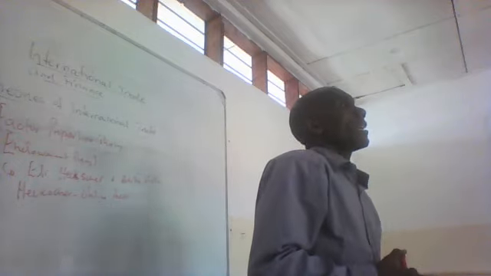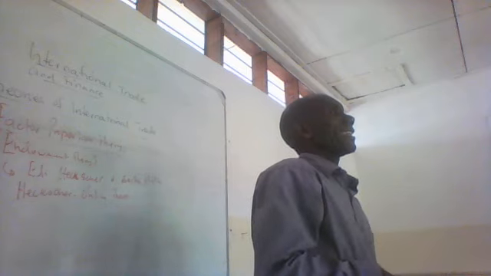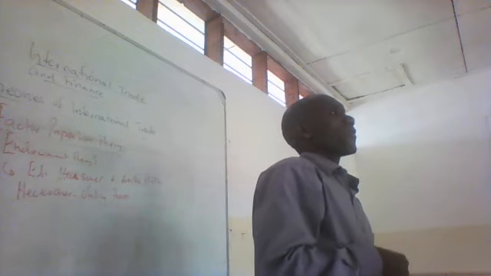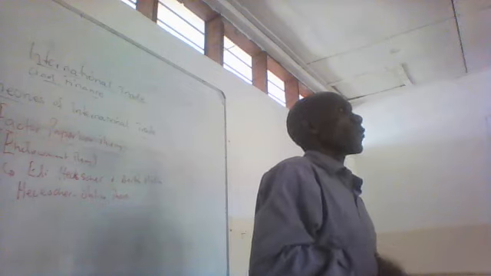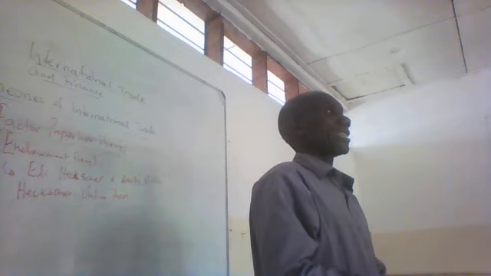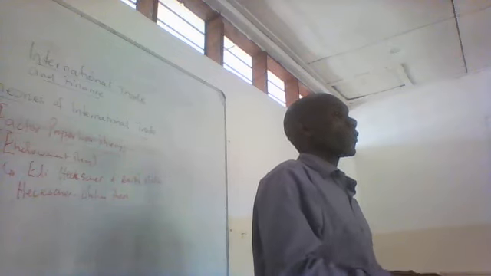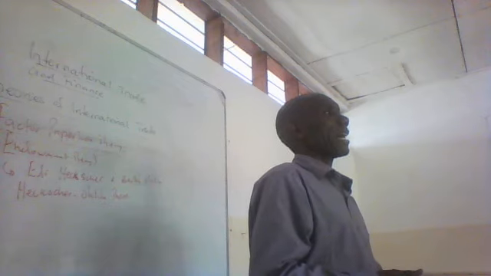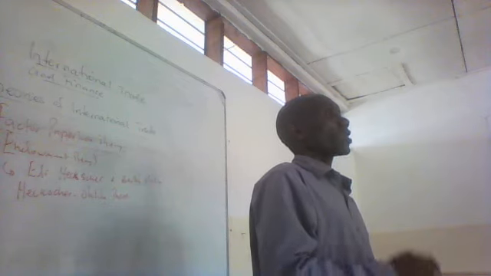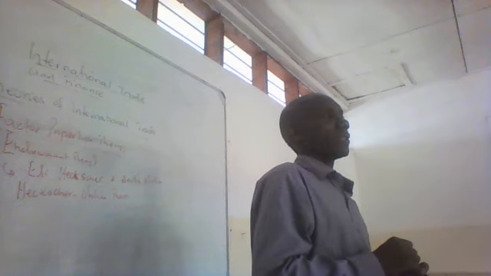These guys are saying, for countries to do very, very well, they have to use what are called factors of production. Remember, we have got four of them: land, labor, capital, and enterprise. So it's looking at these factors of production.